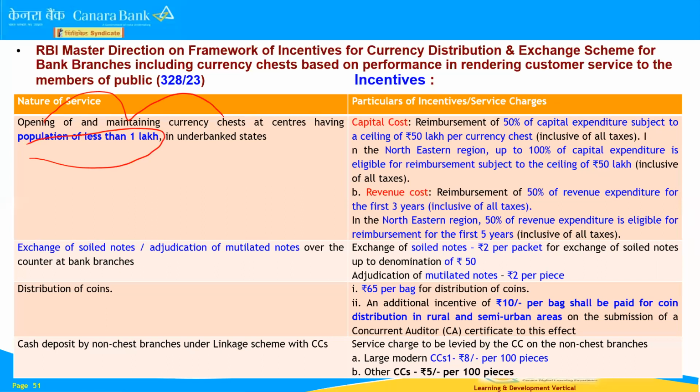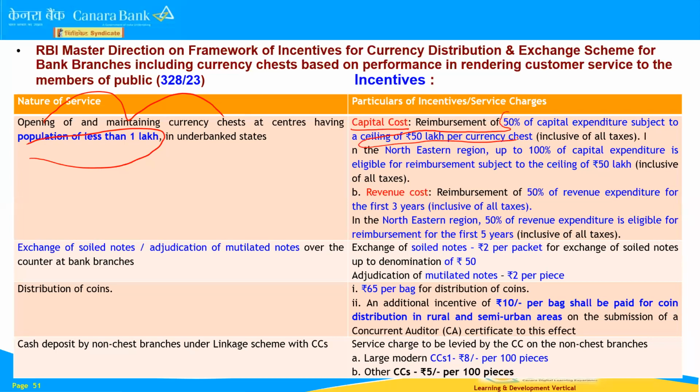If your bank wants to open a currency chest where the population is less than 1 lakh, then you will invest, the building will be constructed, revenue expenditure will happen in your bank. So Reserve Bank of India, to encourage, wants to give some incentive. How much? Capital cost, that means construction, everything is a capital cost. 50% of the capital cost, maximum 50 lakhs will be given, inclusive of all taxes. Your bank will get reimbursement.